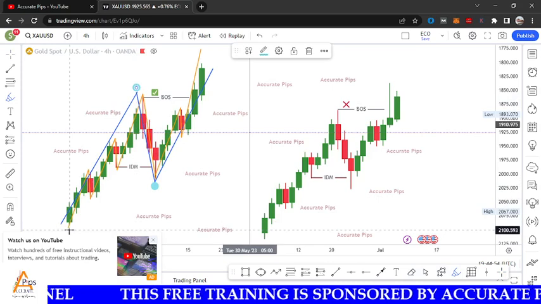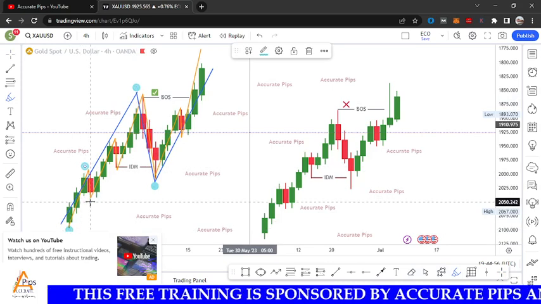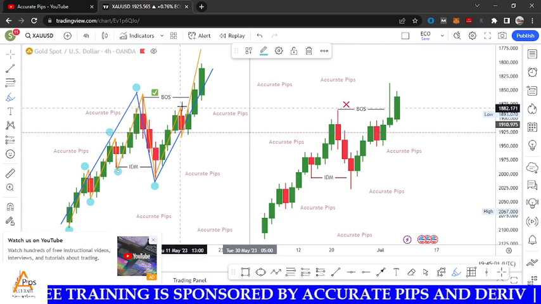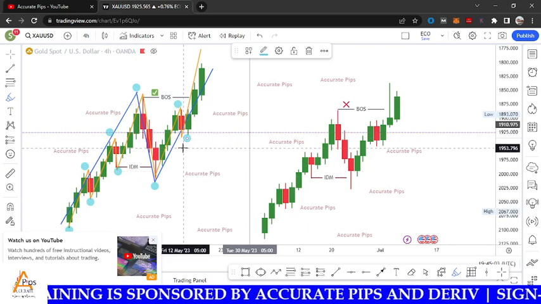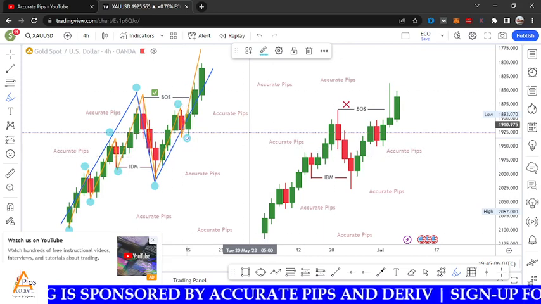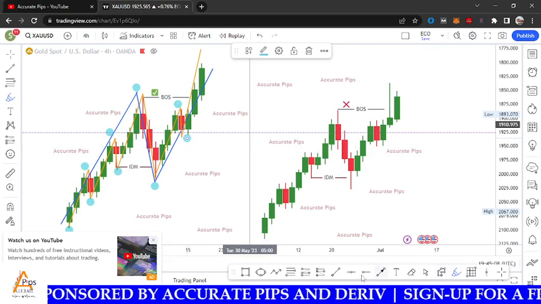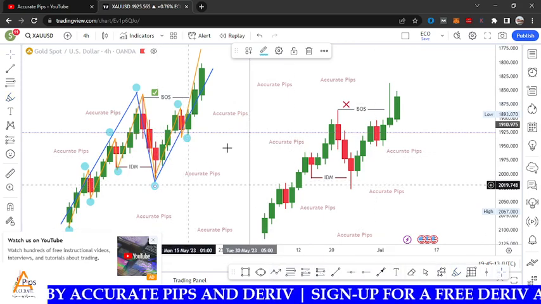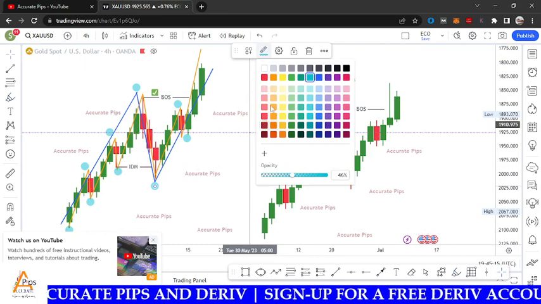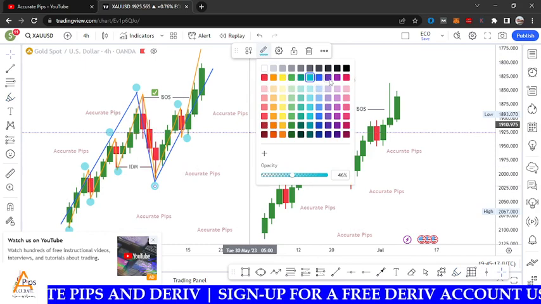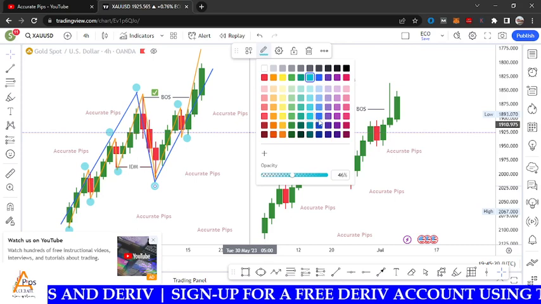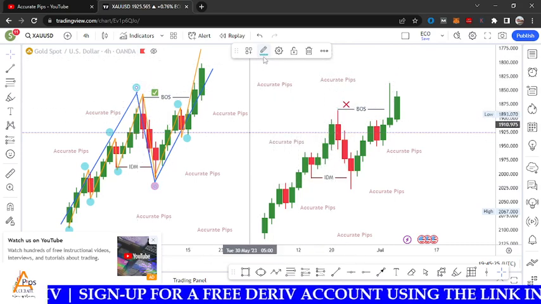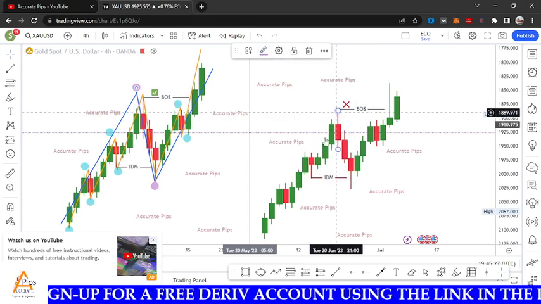Before that we have the internal structures, which are formed based on the candlesticks. Okay, these ones. So let me change the color of the main structural formation, which is here, to a different color, and this also a different color.